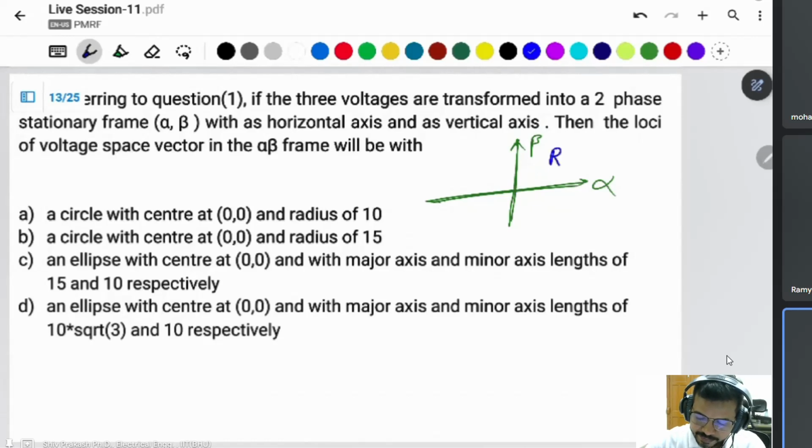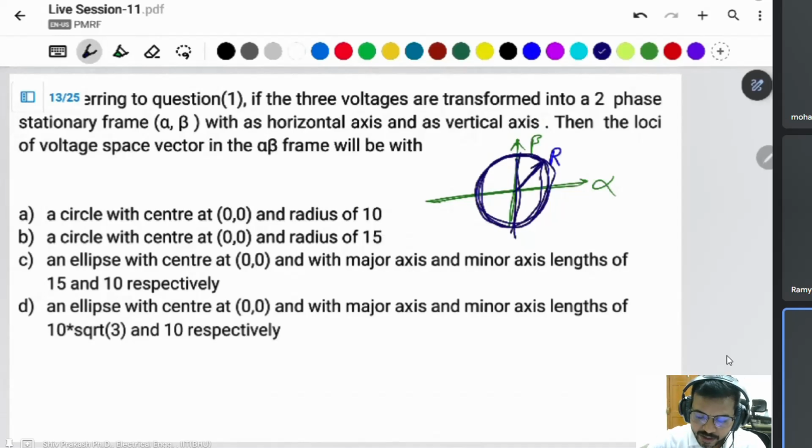Suppose there is some value, a vector, and sometimes it will be rotated like that. The magnitude will change from here to here, and the angle also changes.